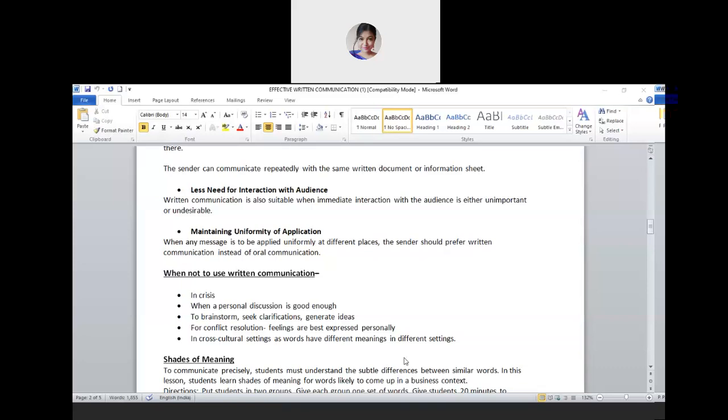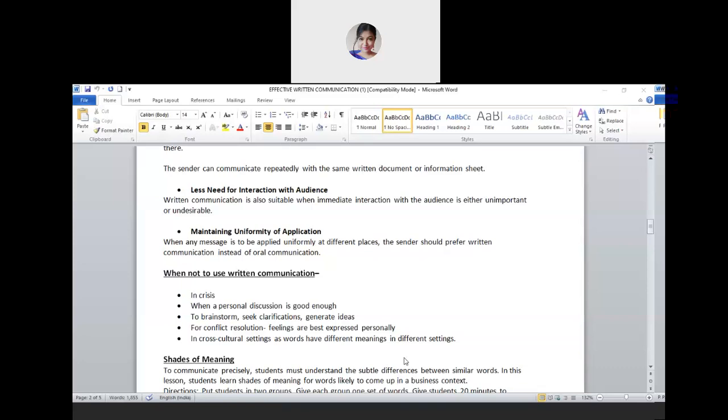You have to face the other person and have a conversation with them, because the way you express your opinion and your feelings personally, you won't be able to do that with the help of a pen and paper.